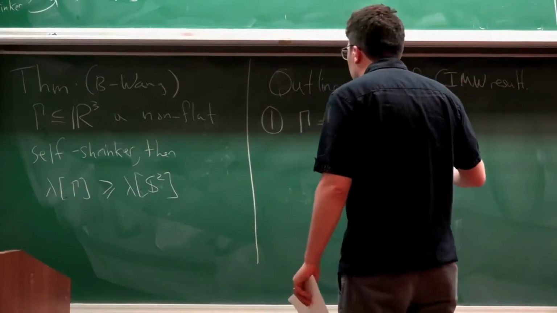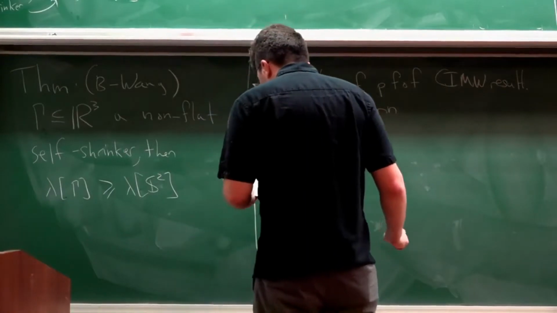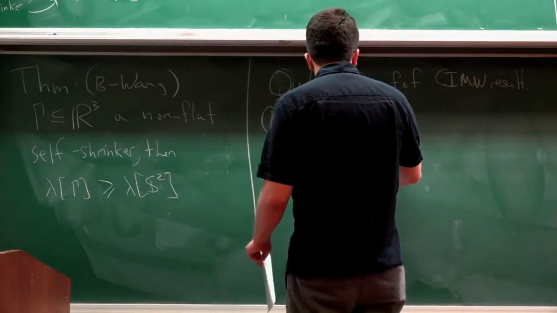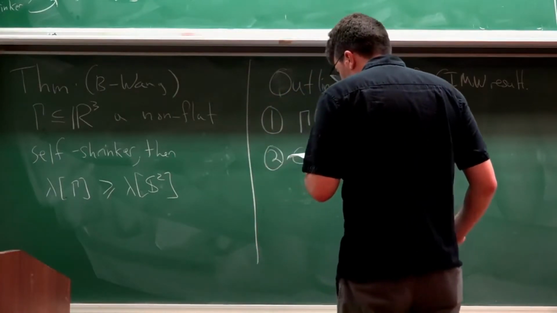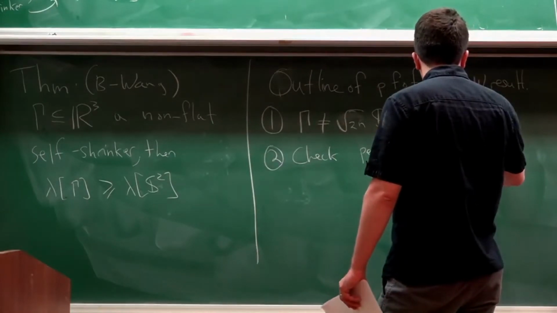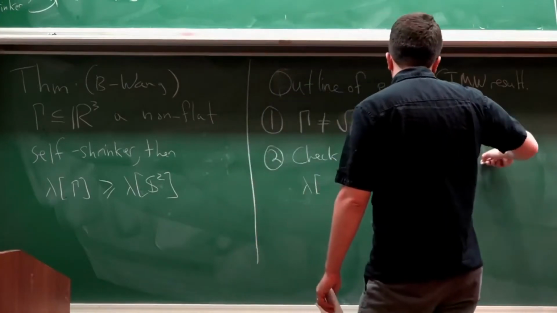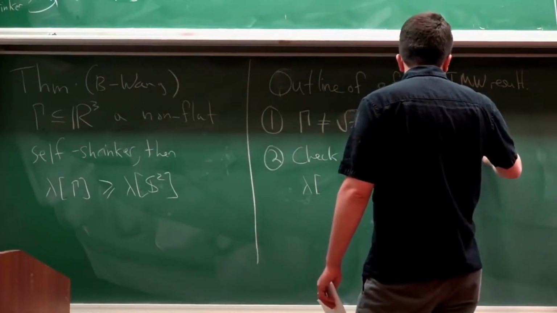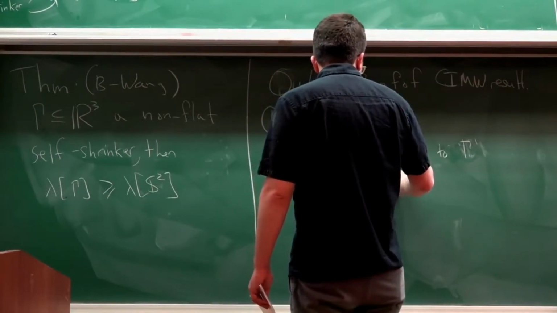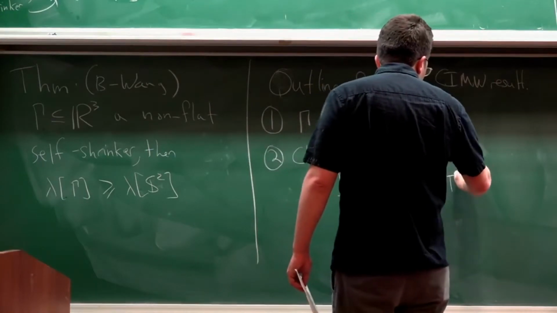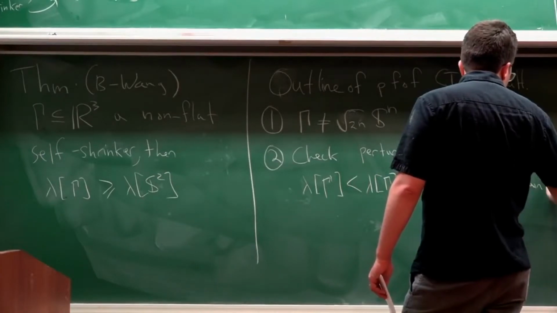In the second step, we're going to check that we can perturb gamma to some gamma prime, so that the entropy of gamma prime is strictly less than the entropy of gamma, and gamma prime has a certain convexity property.